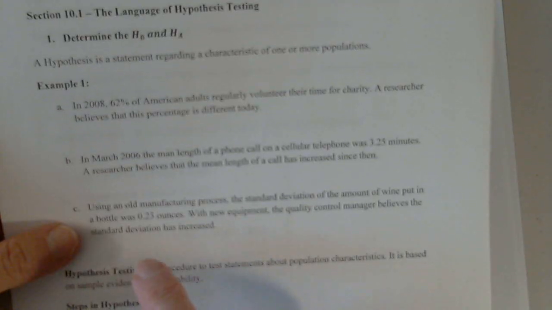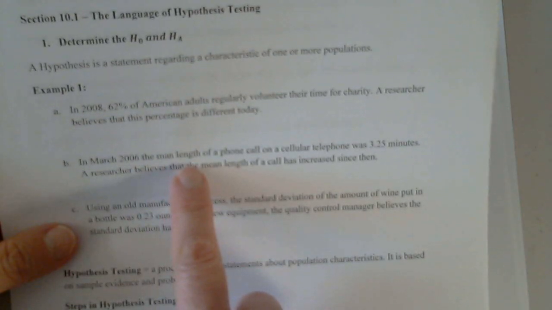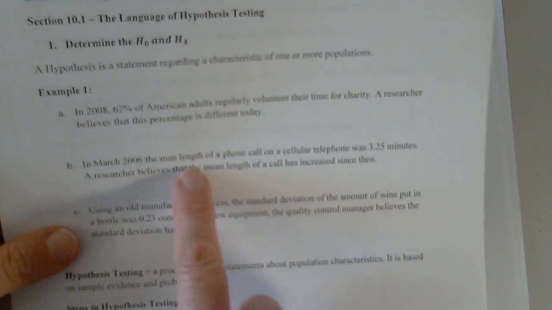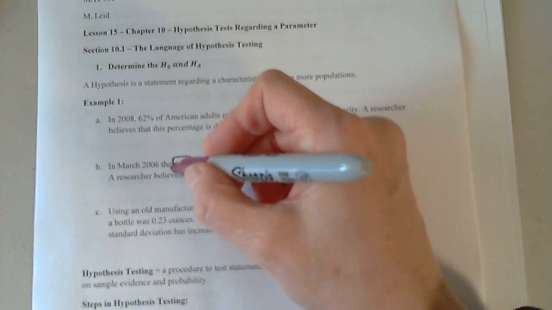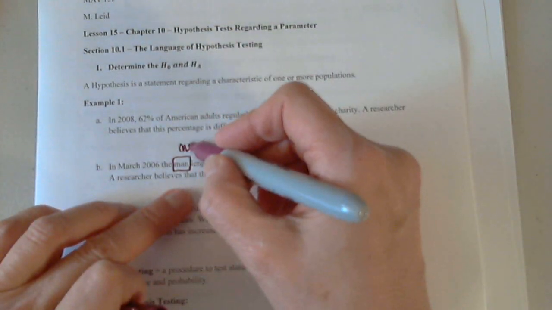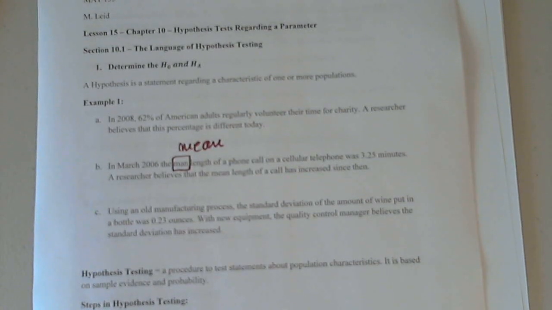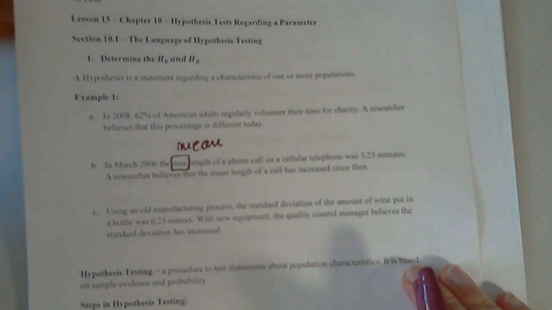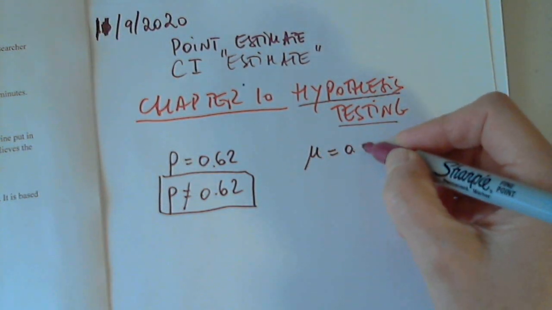Part B, another example. In March of 2006, we have to replace this word. It's the mean. Sorry about that. The mean length of a phone call on a cellular telephone was 3.25 minutes.